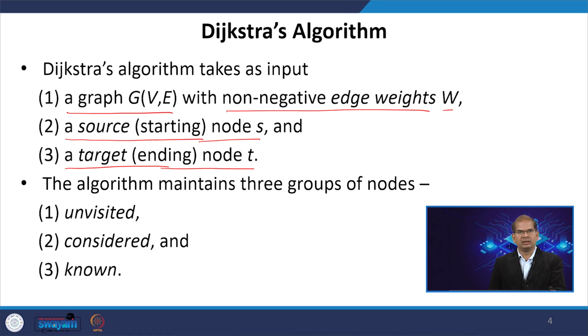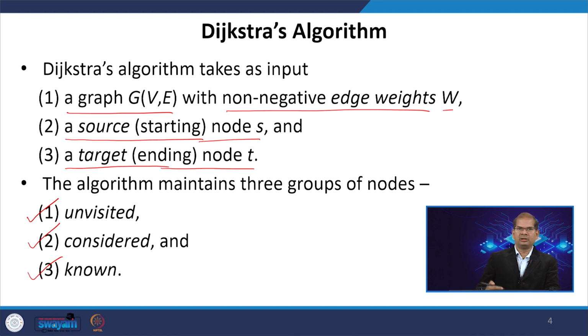In the algorithm there are three different types of nodes. The first one is the unvisited node, then the second one is the node which is being considered, and the third one is the node which is already known. In the initial stage all the nodes are unvisited.